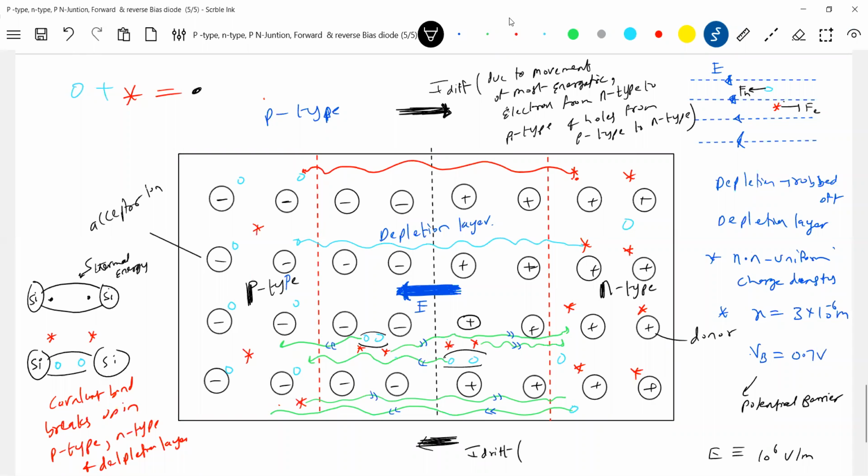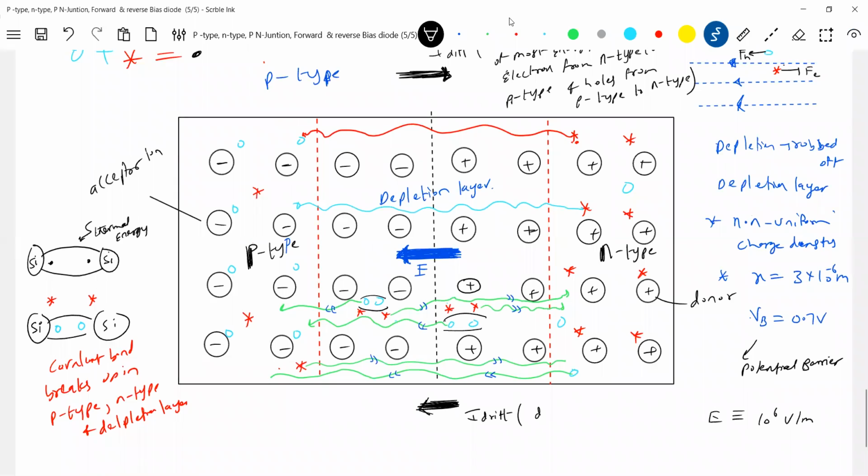Now we have to give the reason why this is a drift current. Due to the movement of minority carriers. What are minority carriers? The holes from the N type will move to the P type and the electrons from the P type will move to the N type here.